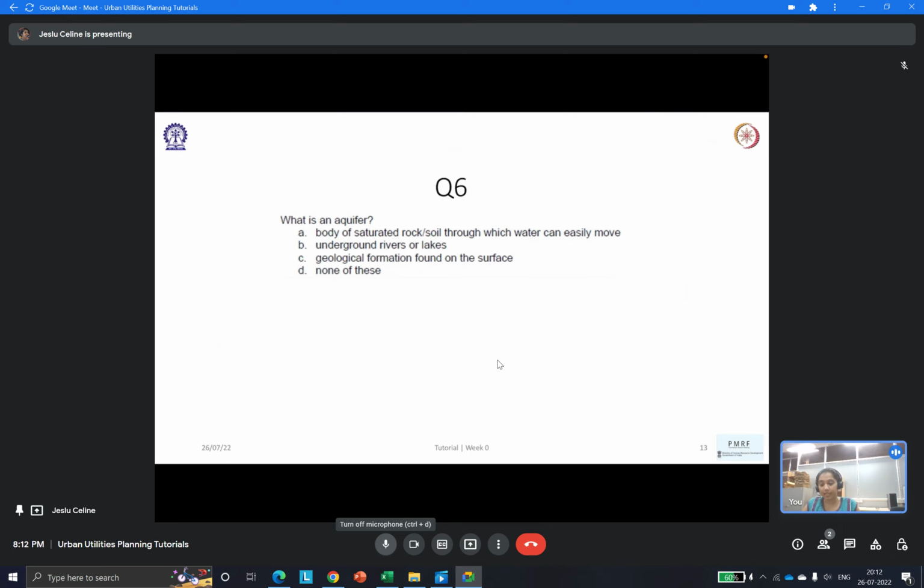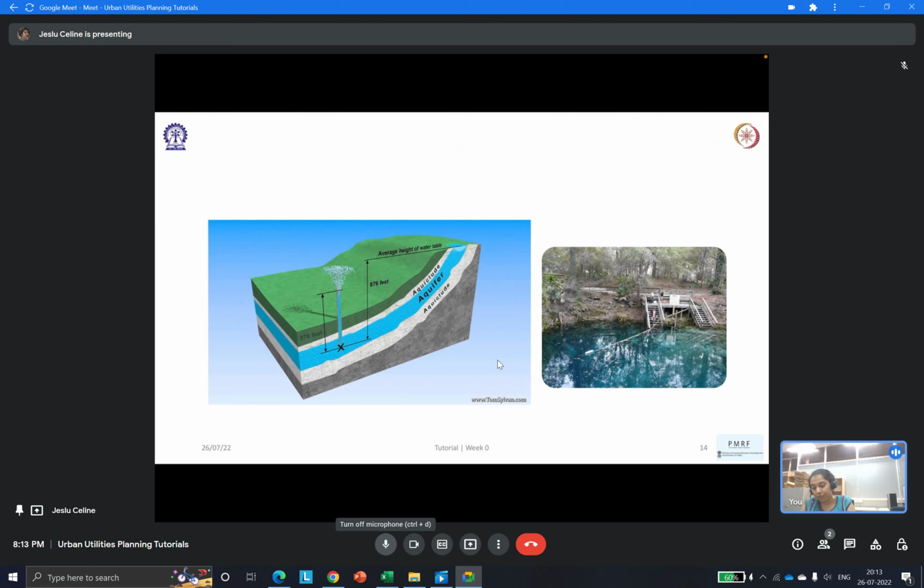So that is what an aquifer is. Here I'm showing certain images of aquifers, where you have surface level water, and then you have certain filtration units through which the water flows. So this is an example where you have water in a particular pond, and then it gets filtered.